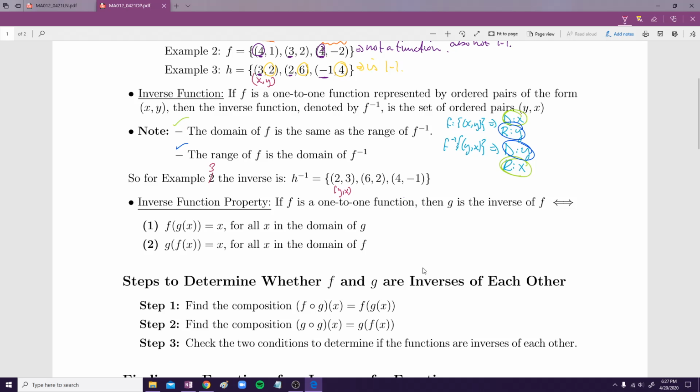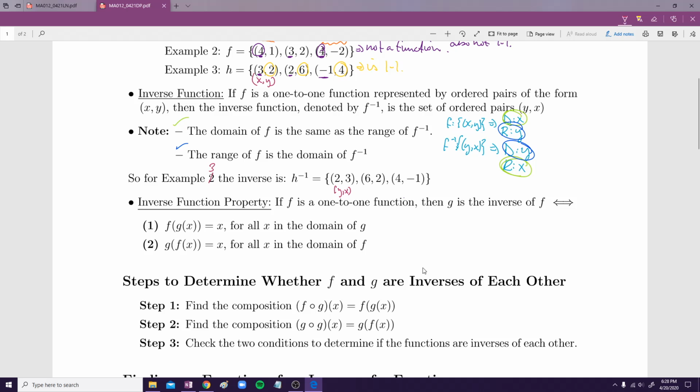All right. So what does that mean? This if and only if means, if g is an inverse of f, then these two properties hold. And the other part means that if we get f of g of x and g of f of x and they both equal x, that means we know that g and f are inverses of each other.